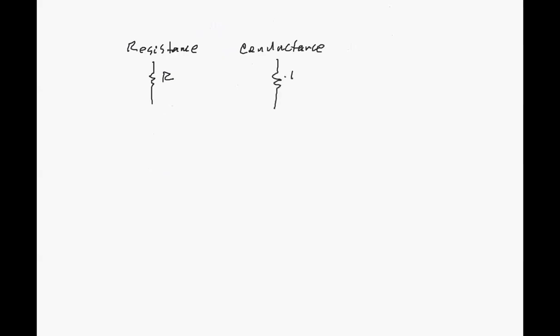It's the same symbol, right? But now we call that G. That's a conductance. If we think about that same circuit element, we can think about it as a conductance or a resistance.